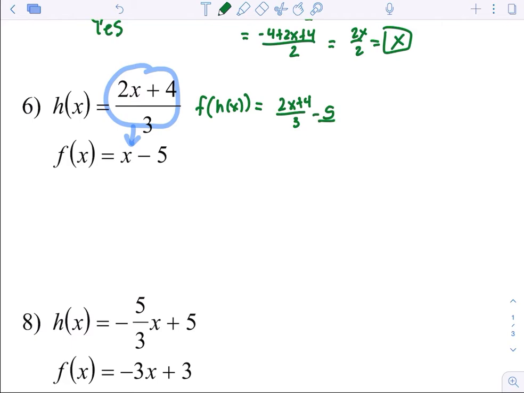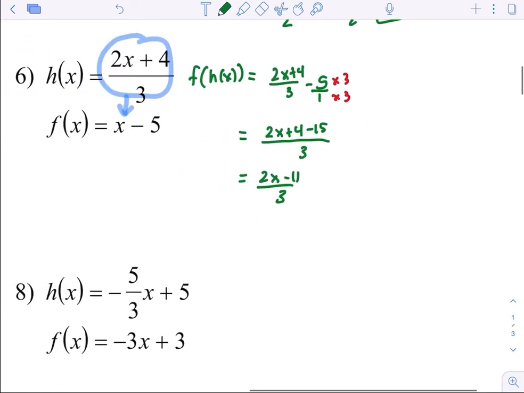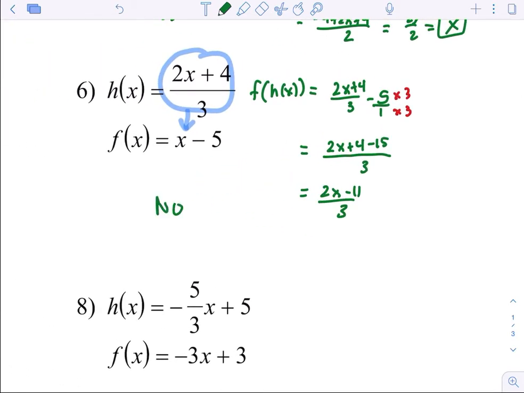I'm going to make this into a fraction, get a common denominator. 2x plus 4 minus 15 all over 3, which is equal to 2x minus 11 over 3, and that's certainly not x. So this is a big no. Not inverses.